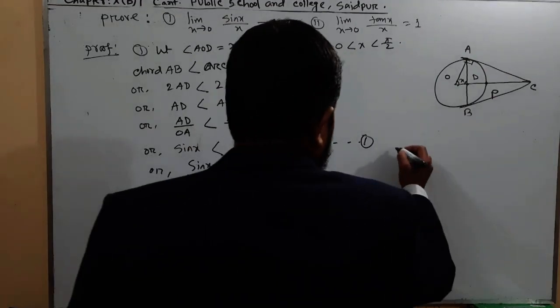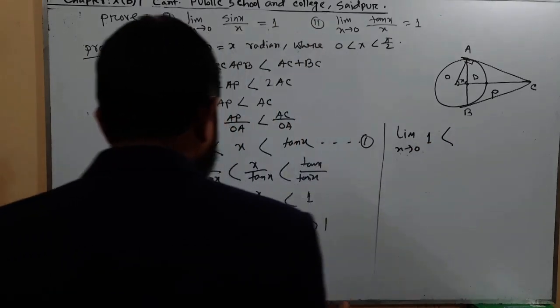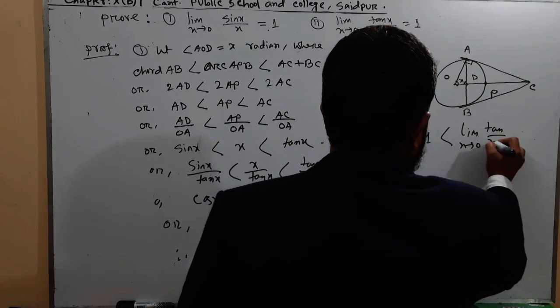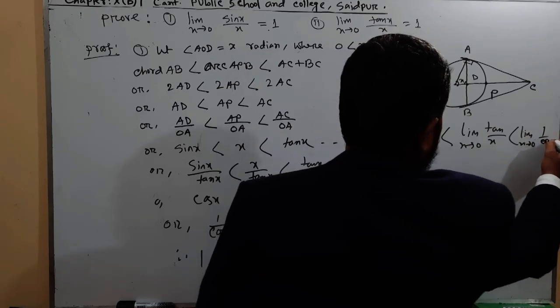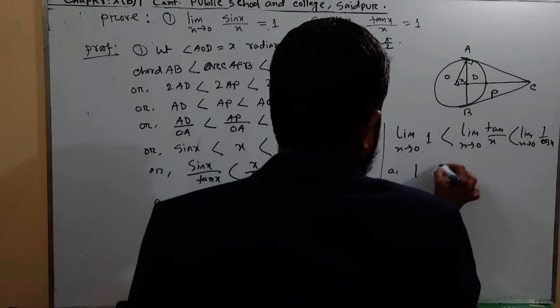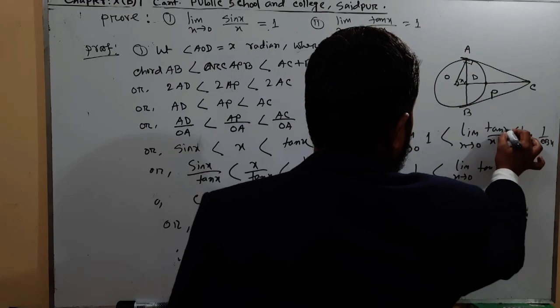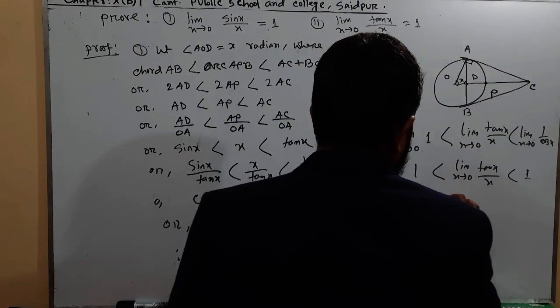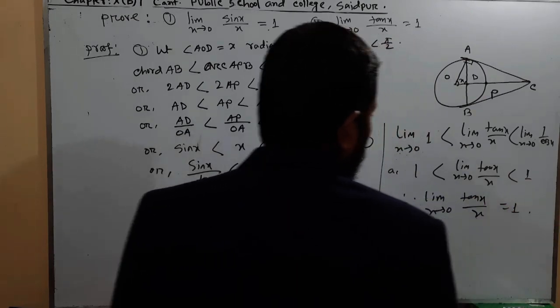Taking limit x tends to 0 of 1, limit x tends to 0 of tan x by x, limit x tends to 0 of 1 by cos x, we get 1, limit x tends to 0 of tan x by x, and 1. We can write easily limit x tends to 0 of tan x by x is equal to 1.